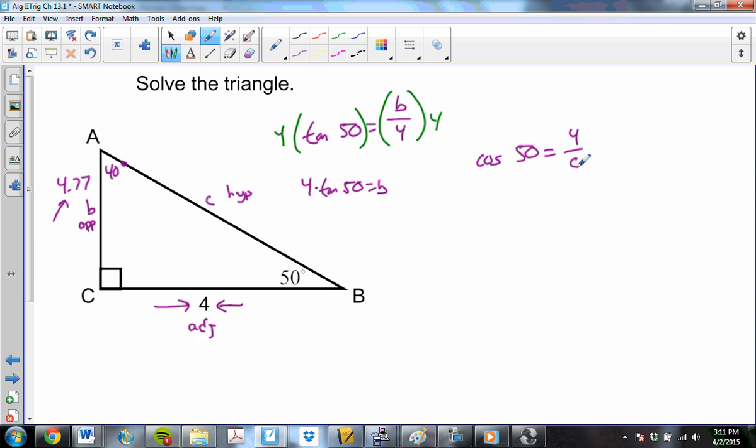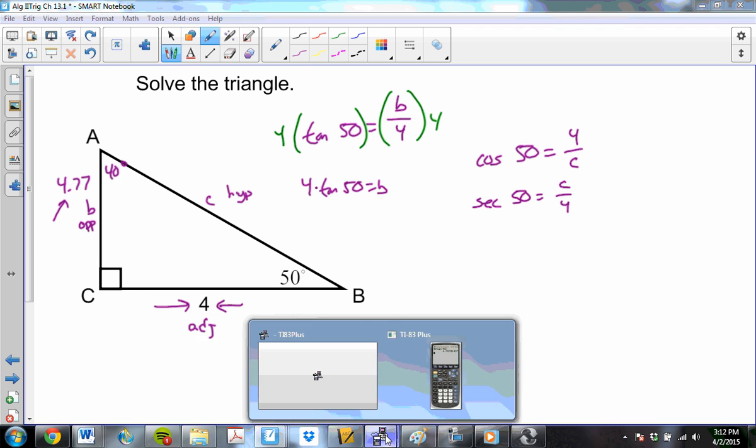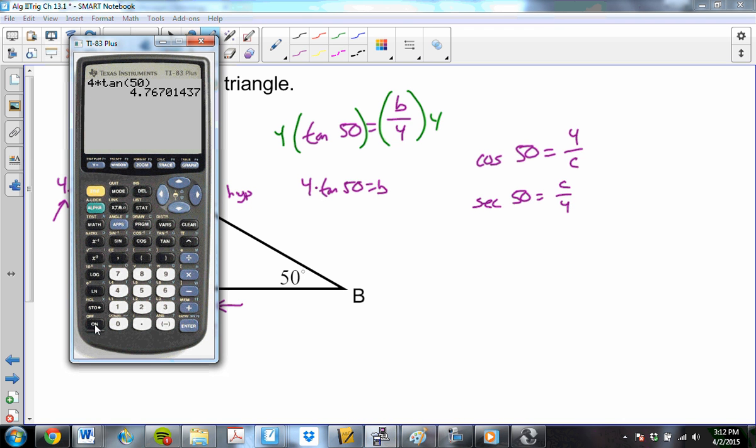Now, I don't really like having c on the bottom of this fraction. I can live with that if I wanted to, but I could also do secant. The secant of 50 is hypotenuse over adjacent, which is c over 4. And the way that you calculate secant in your calculator is you just do 1 divided by cosine. 1 divided by cosine is secant. So the secant of 50 is 1.55. Multiply that by 4.